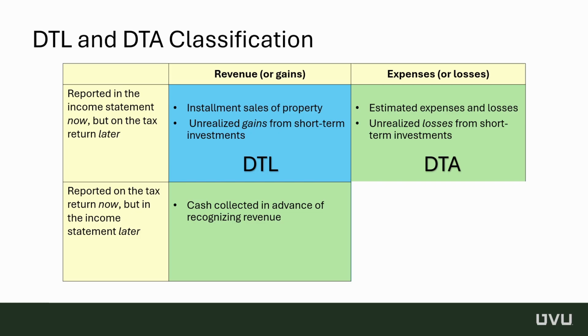And you can bet your boots, the IRS is always happy to tax that cash as you receive it. But you already know that for financial reporting, it will not be recognized as revenue on the income statement. So, in the future, we'll be able to recognize revenue that we will not be taxed on. Thus, it is a deferred tax asset.